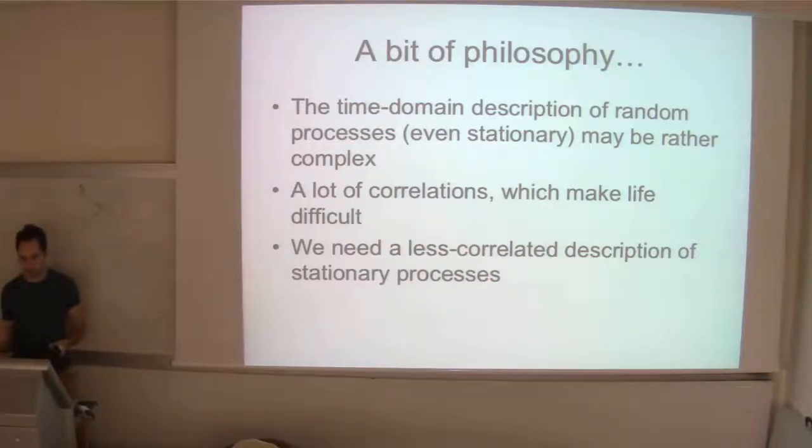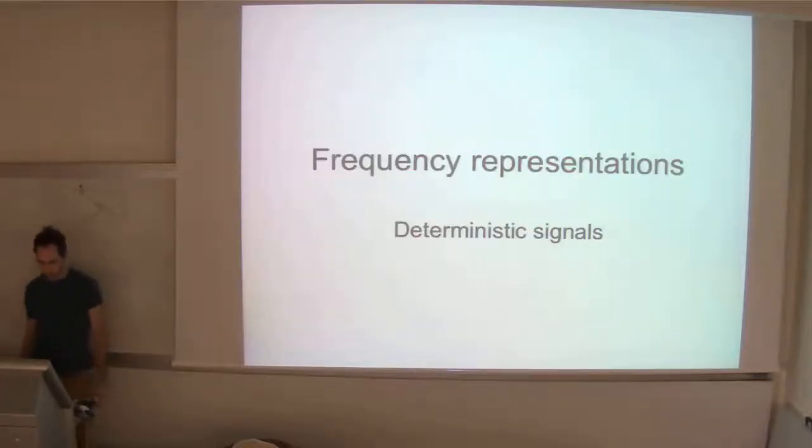So we want to somehow describe a sample in an easier way. As I said, there is a lot of correlation, which makes life difficult when describing these kinds of processes, and we want a less correlated and even more simplistic description of a stationary process. And the way that we do it is with frequency representation.